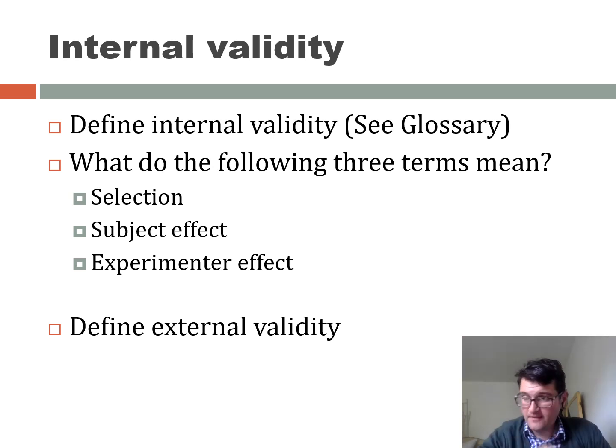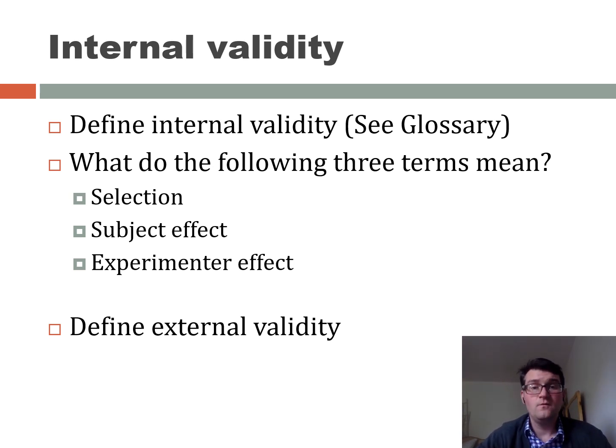And then the other major term to know from this is external validity. Internal validity is again about the logic of the study. We want to say that things were set up so that whatever we observed within the study, we can confidently say really happened. So if we saw that variations in the level of the independent variable related to variations in the level of the dependent variable, we can say that really happened.